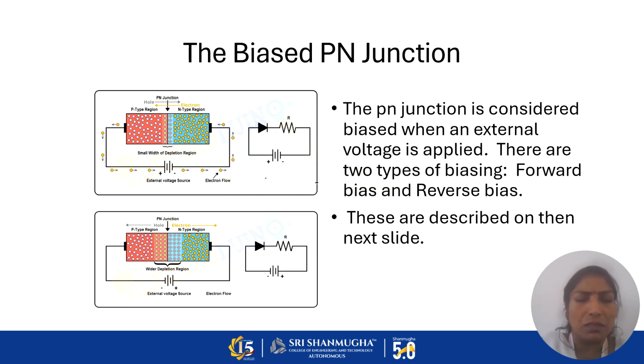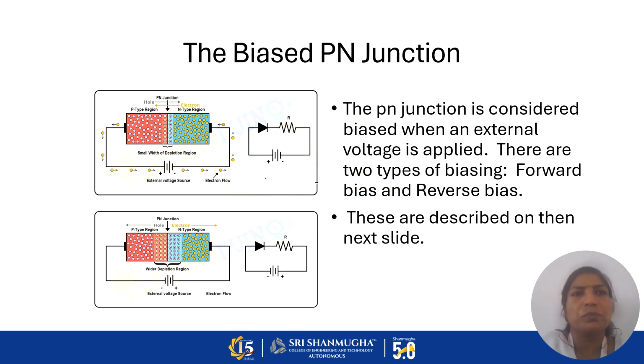In this condition, this area is the depletion region. The depletion region increases and barrier voltage also increases. So the current flow is blocked. Only a very small leakage current flows. So the diode acts like an open switch in the reverse condition.